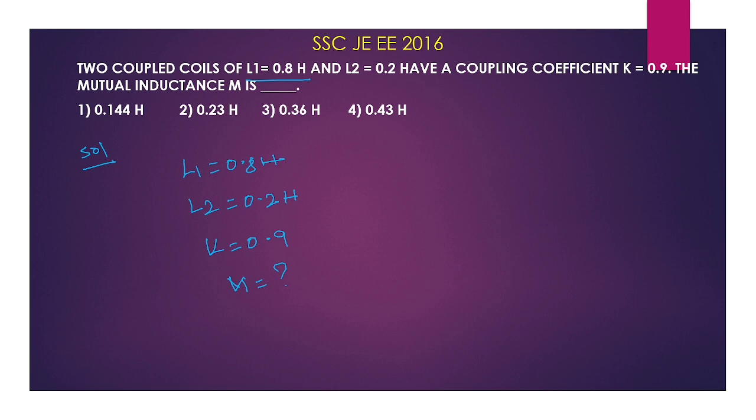We have a direct formula to identify the mutual inductance, that is M is equal to K times the square root of L1 cross L2. Here we just need to substitute the values. The value of K is 0.9, which is the coupling coefficient. The value of L1 is 0.8 and L2 is 0.2.